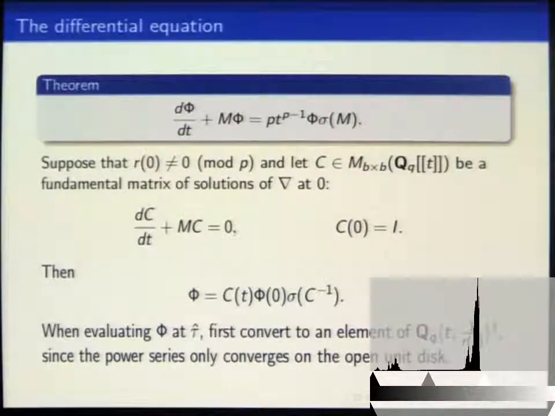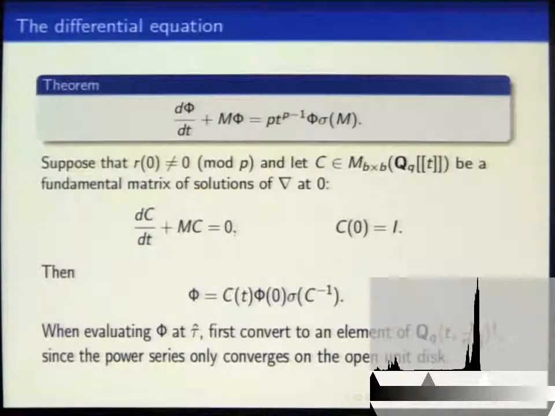The only problem is that to evaluate this at one of these diagonal lifts, you have to do something first, because these matrices C of T are given by power series expansions at T equals 0, and these power series expansions usually only converge for T in the open p-adic disk. The points where you want to evaluate them, these Teichmüller lifts, are on the border of this disk. So this is not guaranteed to converge, and it will not in general.